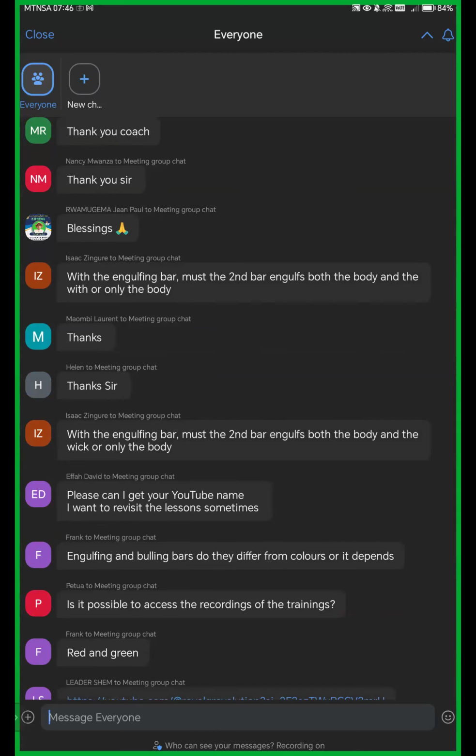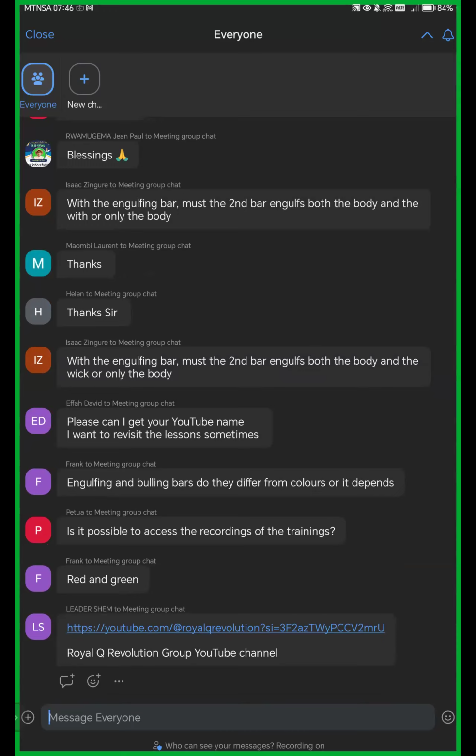So it should be red or green depending on which one is engulfing which one. Is that okay, Frank? It should be green or red, depending on which one is which.